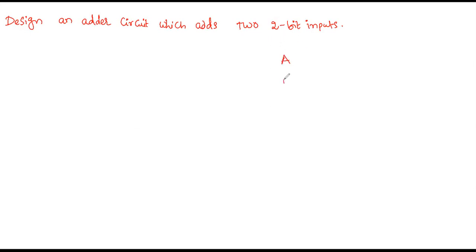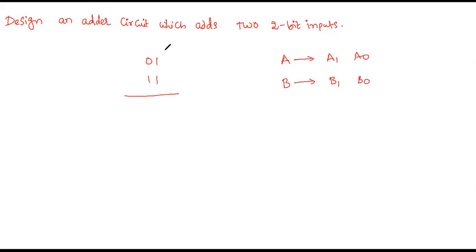I am taking two inputs, one as A, one as B. Each input has two bits. So A1 is one bit, A0 is another bit. Similarly, B is also a 2-bit input, so it also has two bits, B1, B0.